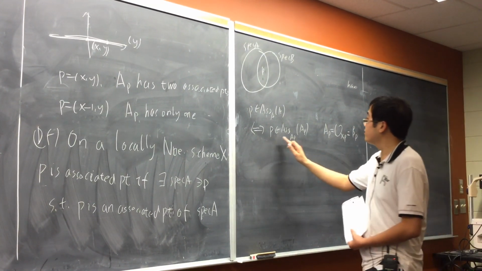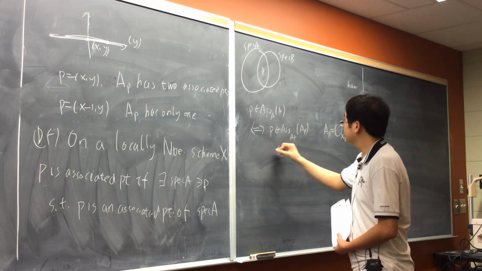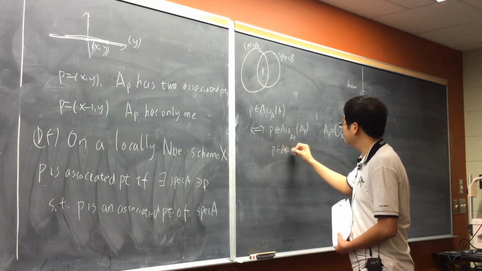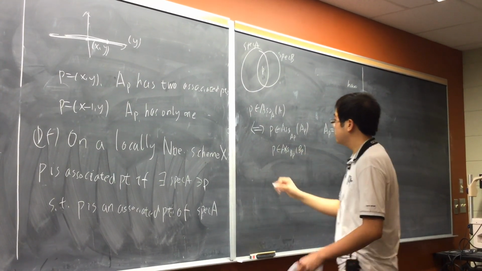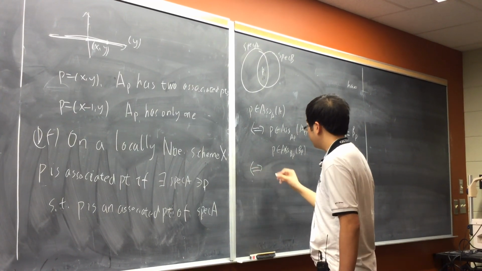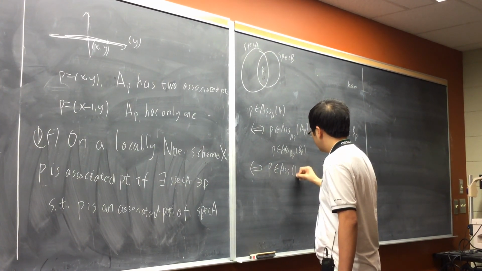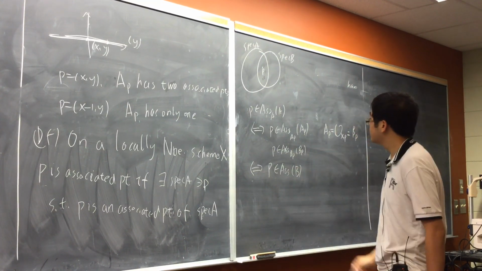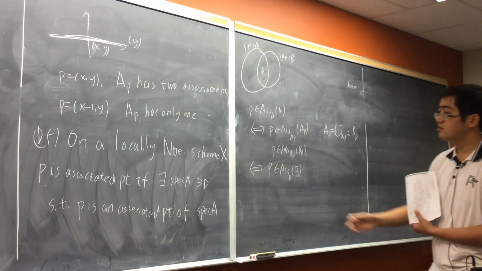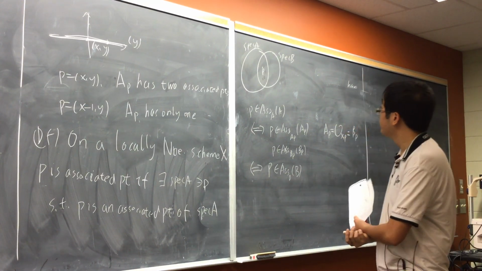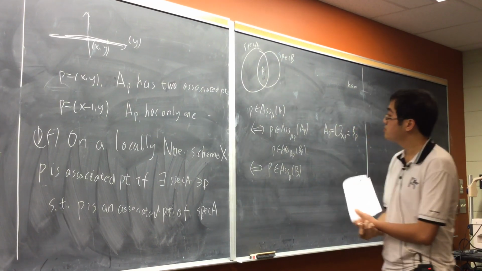So P is an associated point there, which is the same thing as being an associated point of B_P. So this is if and only if P is also an associated point of B. So this definition is well defined. It does not depend on which neighborhood you choose.